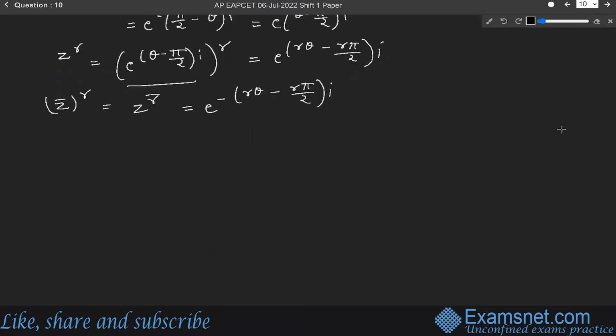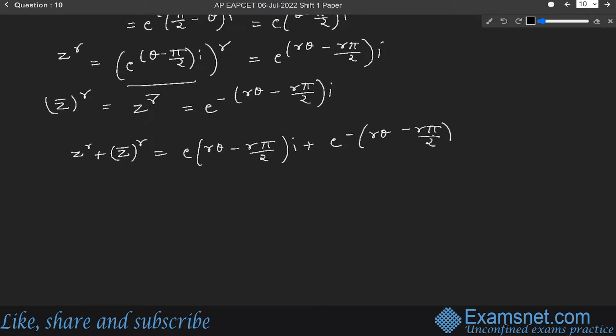So now on adding both these values, z power r plus z bar power r will be equal to e power (r theta minus r pi by 2) into i plus e power minus (r theta minus r pi by 2) into i, which will be equal to 2 cos(r theta minus r pi by 2).